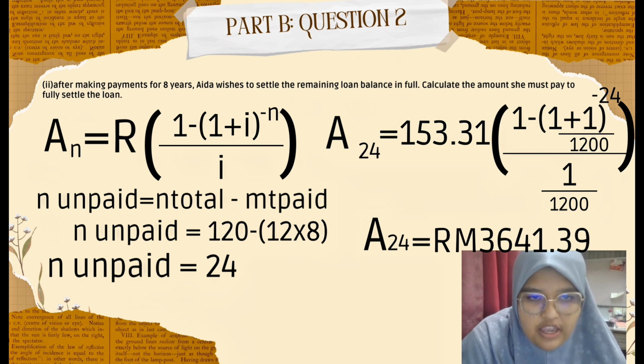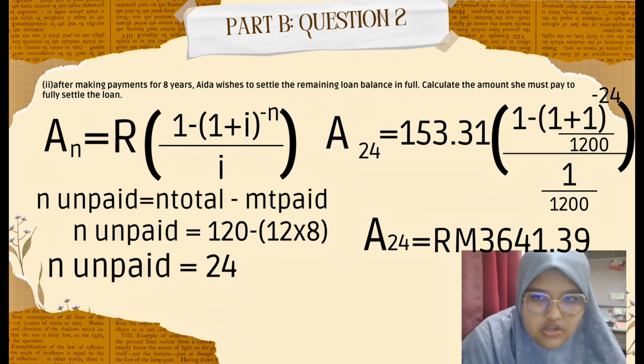So we use A_n equals R times the expression 1 minus 1 plus i to the power of negative n, over i. From here, n unpaid is equal to n total minus m times t paid. n unpaid equals 120 minus 12 times 8, which gives us 24.